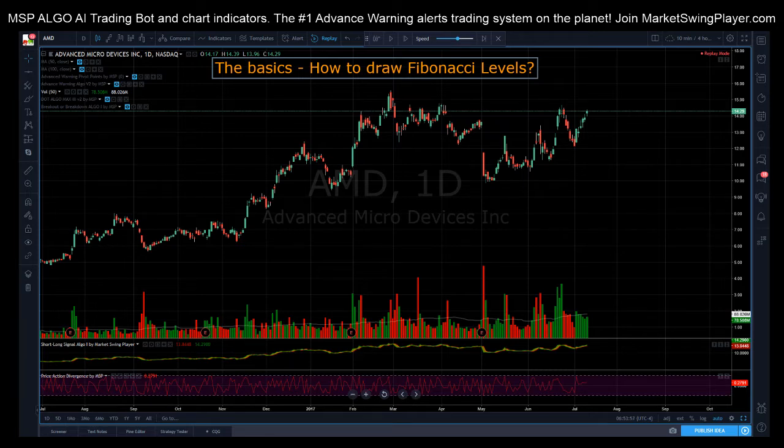So Fibonacci levels are what life is basically, how it is basically created. From a technical perspective, it was converted to a chart, and it's a way to get support and resistance levels based on certain ratios, okay?